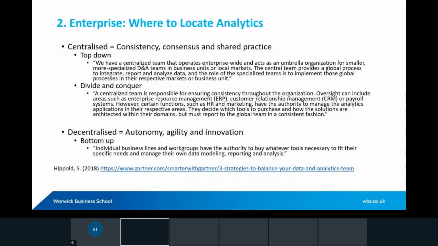Now, I guess the answer is, as ever, what's best is it depends. It depends what your culture is, how your organization works, as to which one of these may well serve you best. But as you can see from the slide, there are benefits of each of these different types of structure.